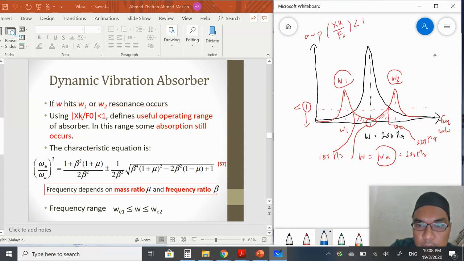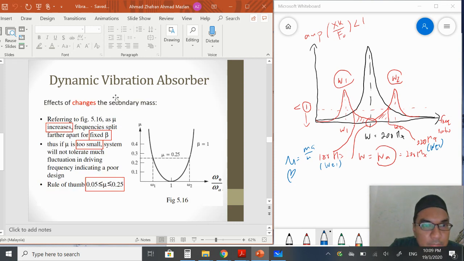The mass ratio means the ratio of the DVA mass to the primary mass, and together with the frequency ratio it determines omega 1 and omega 2 here. Actually this is omega E1, the effective range one, and omega E2. Omega 1 and omega 2 are actually the new natural frequencies, but the effective range extends only to this value.